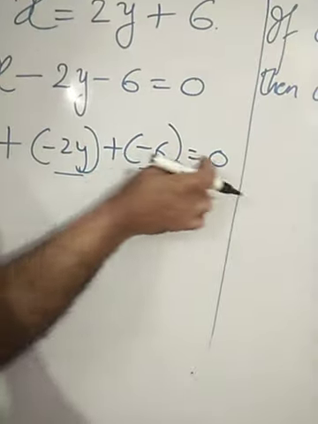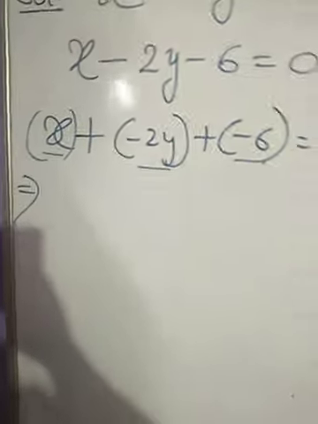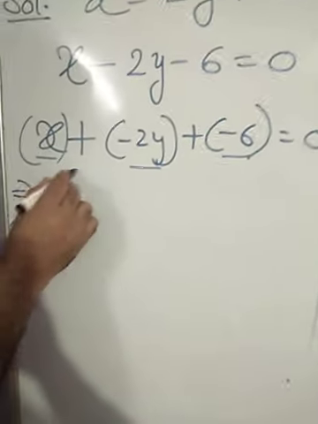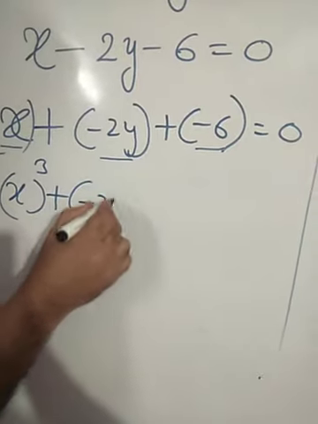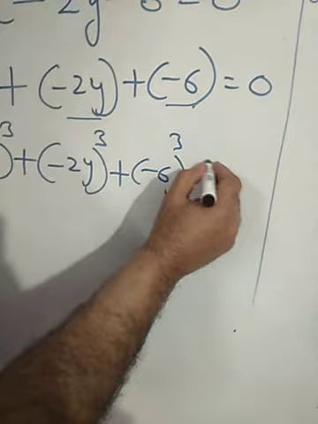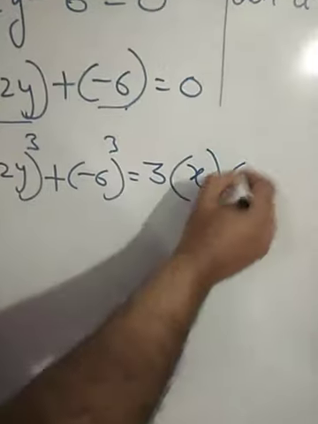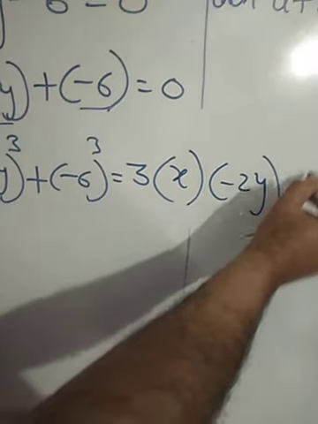The sum of these three numbers is 0. This implies, using this identity, the sum of their cubes will be equal to 3 times their product: 3 times x, minus 2y, minus 6.